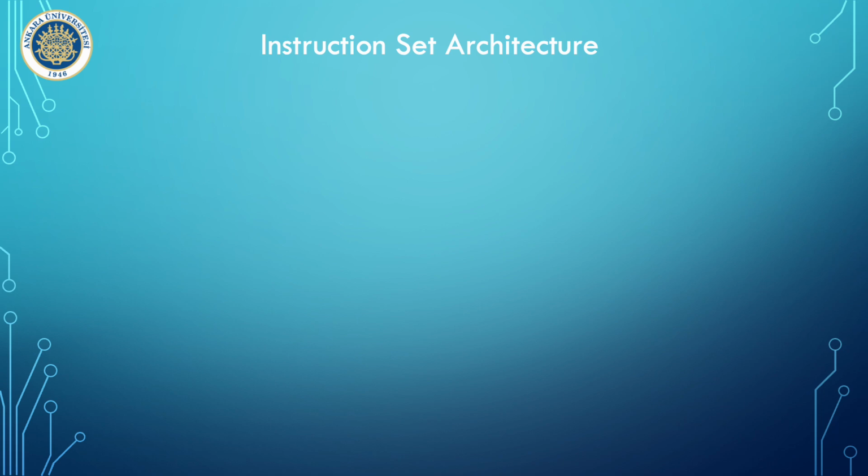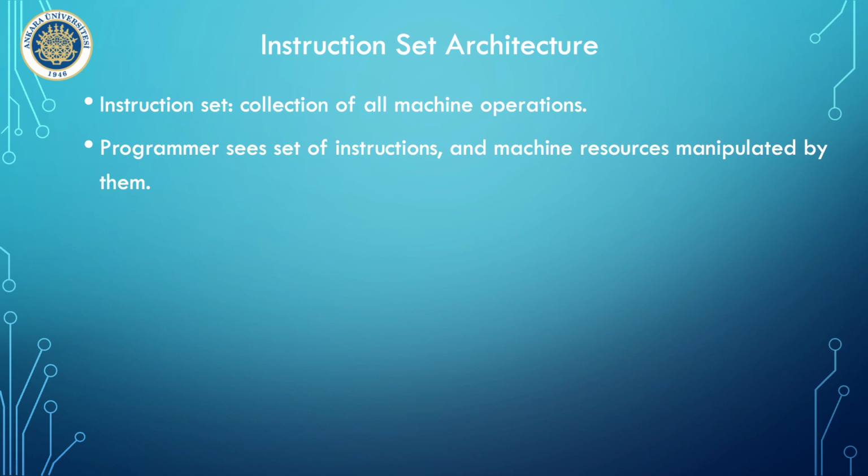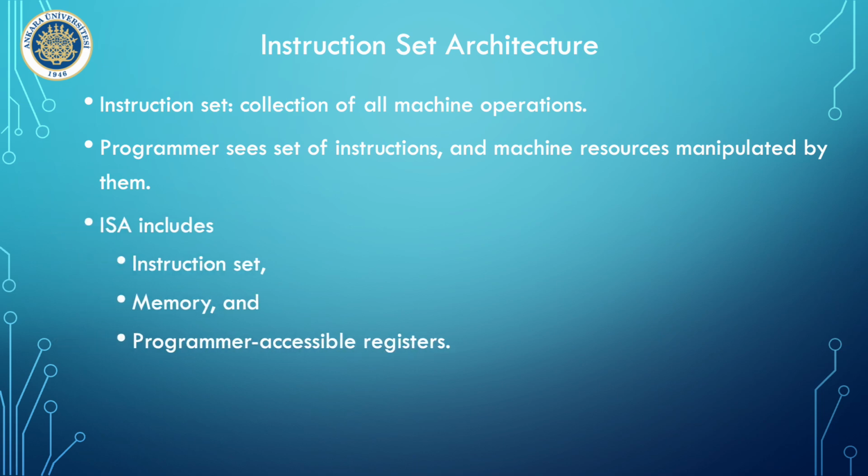The instruction set architecture defines the instructions, memory model, and registers visible to the programmer. The instruction set also represents the interface between software and hardware, and it includes the instruction set, memory, and programmer-accessible registers.